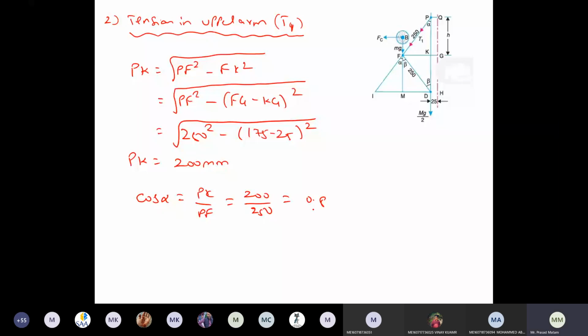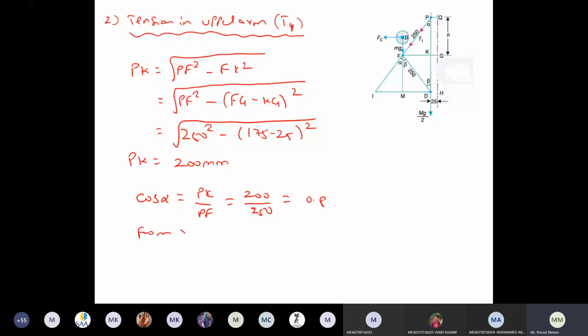Earlier, when I was deriving Porter governor, we got one relation, balancing the vertical forces. What are the vertical forces acting here? Half of the center load at point D and the mass of the ball, two vertical forces. And T1 is also one more vertical force we have.